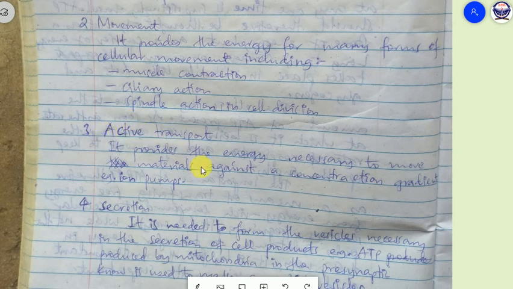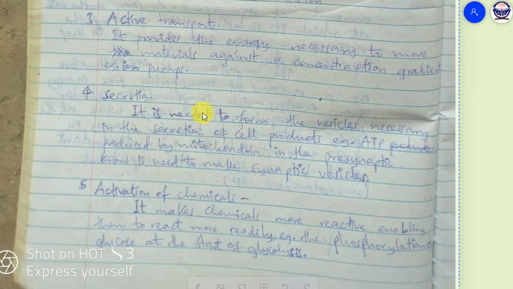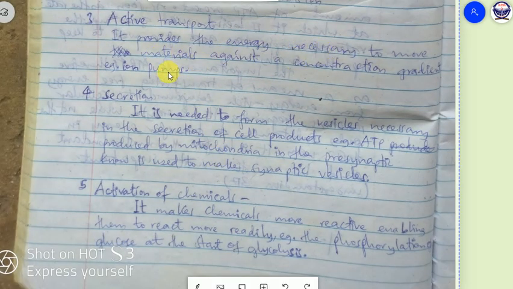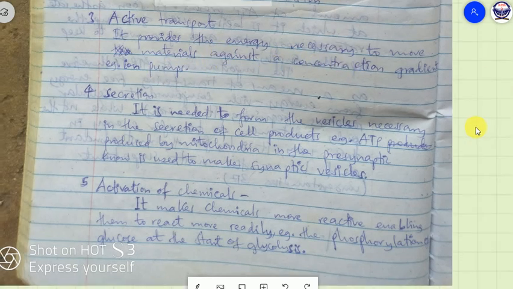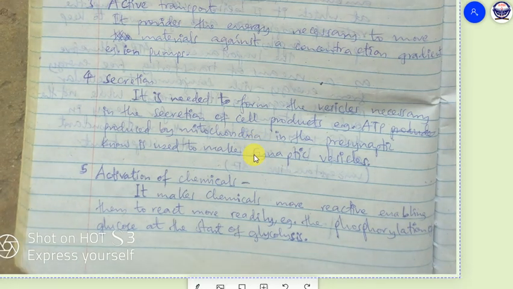Also, we have active transport across the cell membrane. Active transport requires ATP, so it provides the energy necessary to move materials against a concentration gradient, or ions are pumped. We have secretion. It is needed to form vesicles necessary for secretion of all cellular products, such as ATP produced by mitochondria is used in the presynaptic membrane to release the vesicles out of the presynaptic membrane.